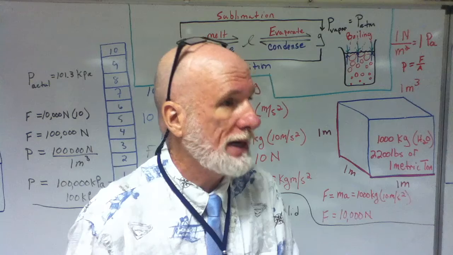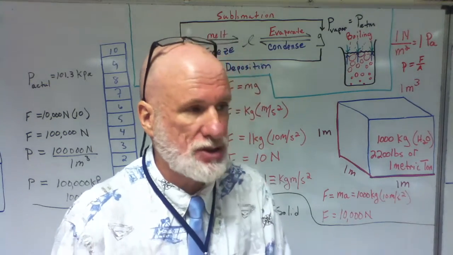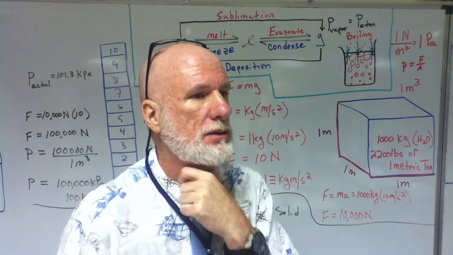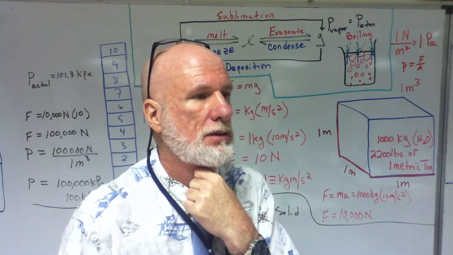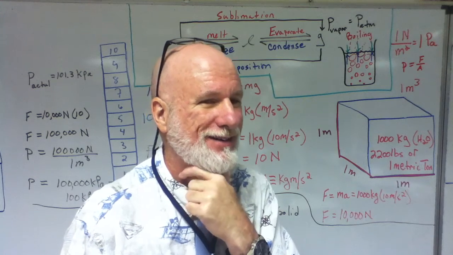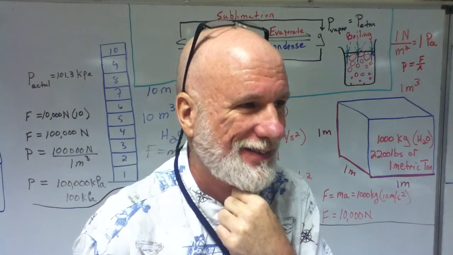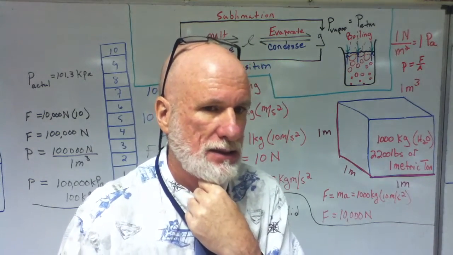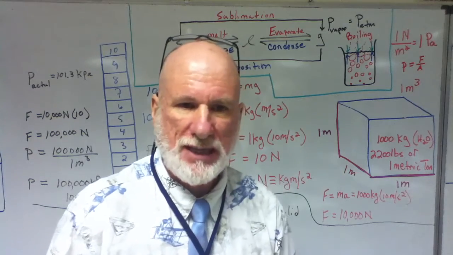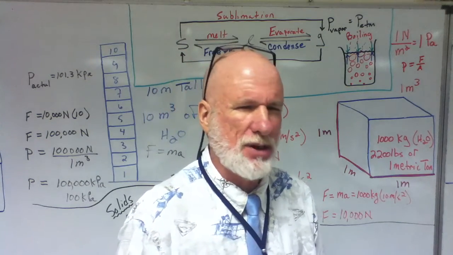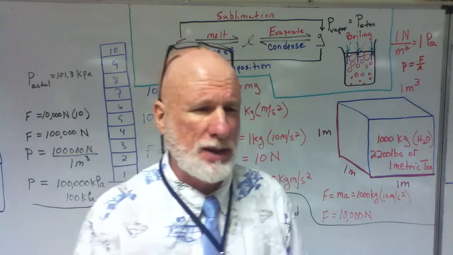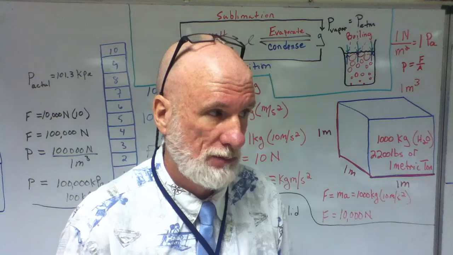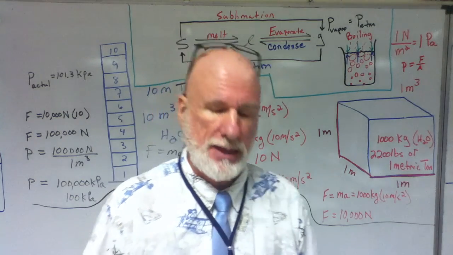What is 0.76 times 13.6? It's 10.336. We rounded 13.6, so it's around 10. Can we agree that it's 10-ish? Okay, good.